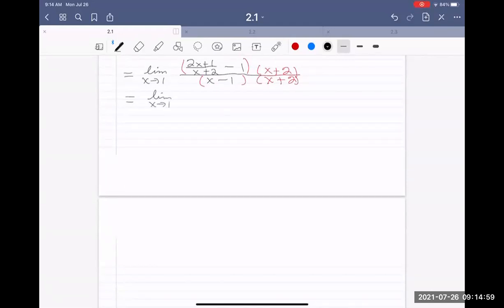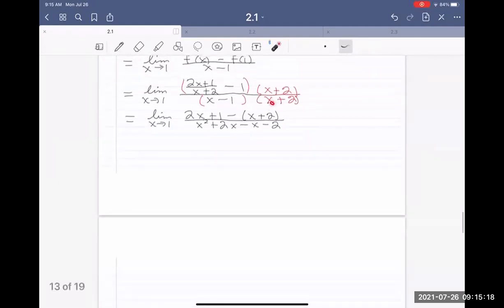The x plus 2's cancel, so I get 2x plus 1 minus x plus 2 over x squared plus 2x minus x minus 2. Multiplying, I get x squared plus 2x minus x minus 2.